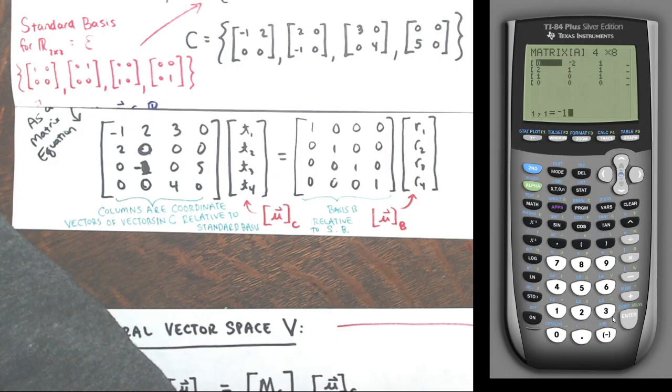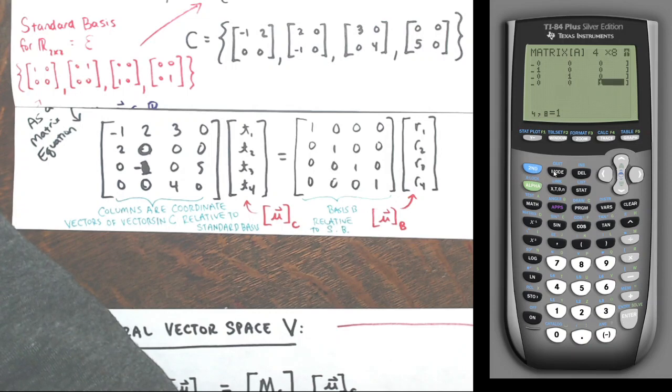All right, so we have -1, 2, 3, 0, then 1, and a bunch of zeros. 0, 0, 0, 2, 0, 0, 0, 0, 1, 0, 0, 0, -1, 0, 5, 0, 0, 1, 0, 0, 0, 4, then everything else is 0 except the last one, 1.